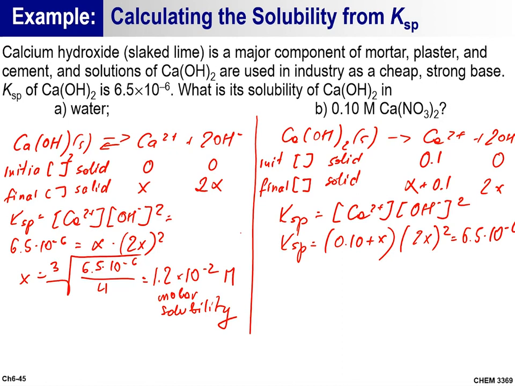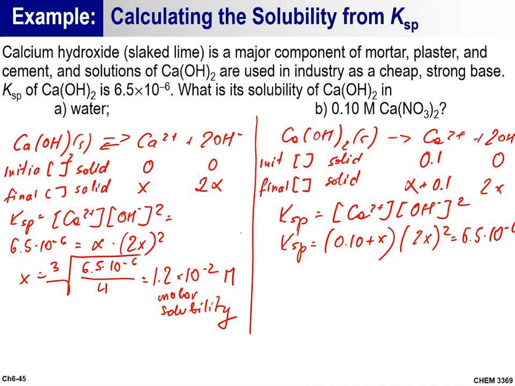So what chemists usually do is use an approximation to solve it. This approximation is justified because if you compare x to 0.1, you expect x to be much smaller than 0.1.